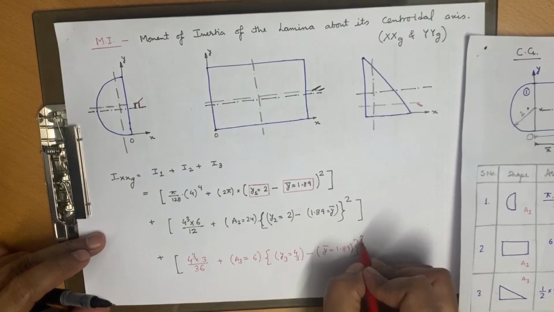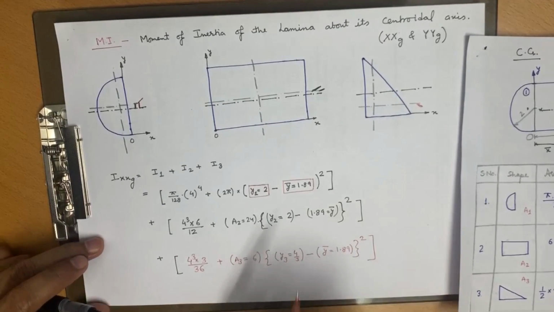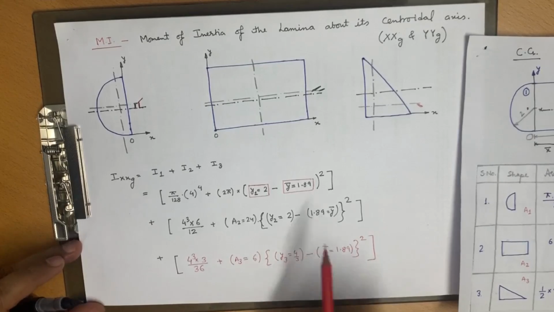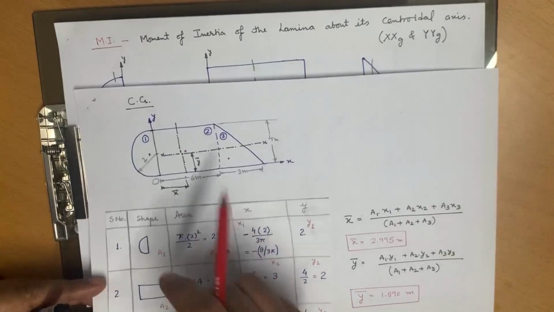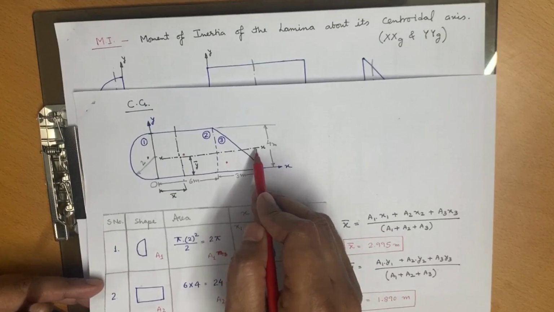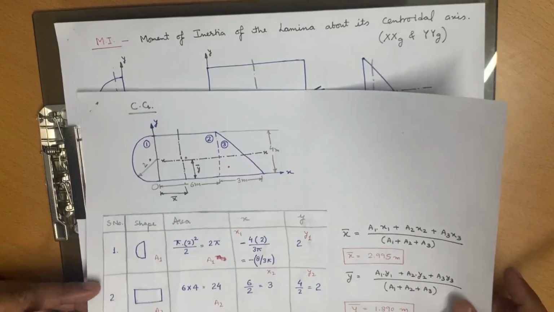And so this is the moment of inertia of this lamina about its x-axis, right?